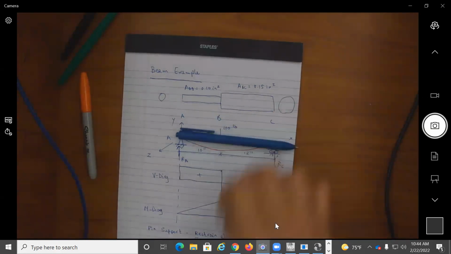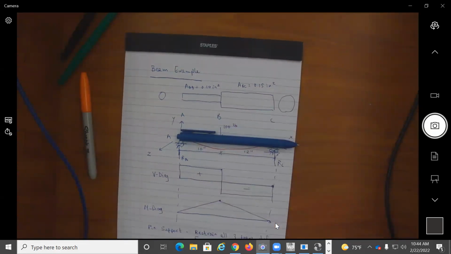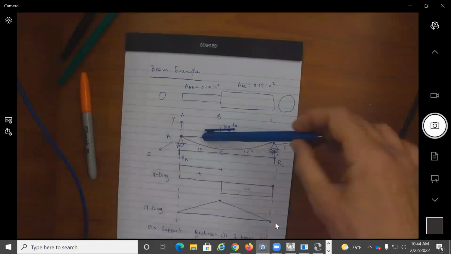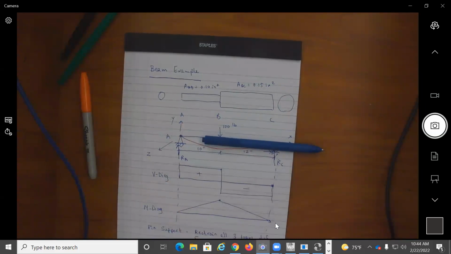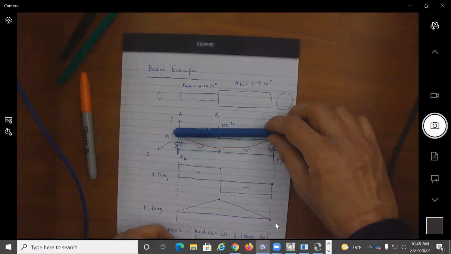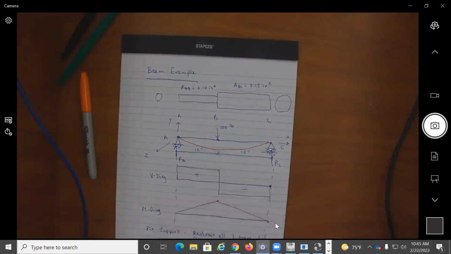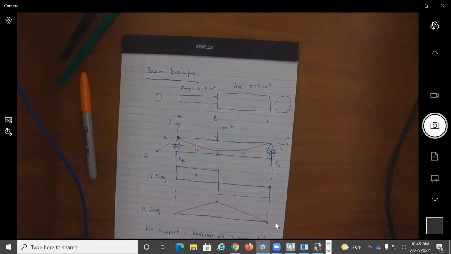Now this beam cannot rotate about the Z axis, cannot rotate about the Y axis because it's being held. But how about rotating about the X axis with these type of supports? The beam, as we defined it, can spin about its axis. And this is something we need to prevent.